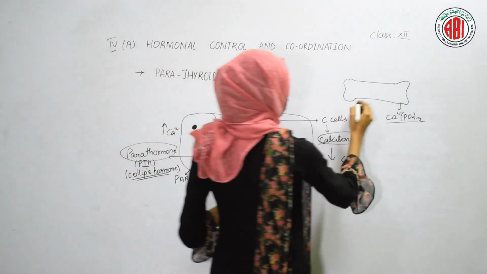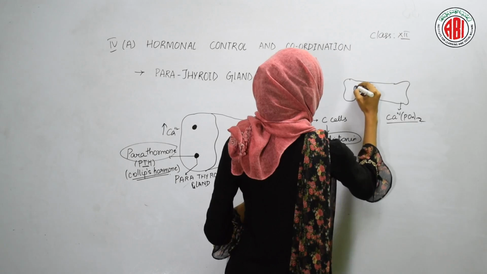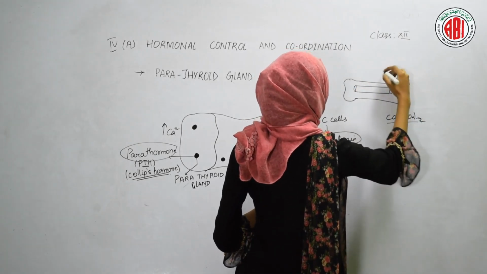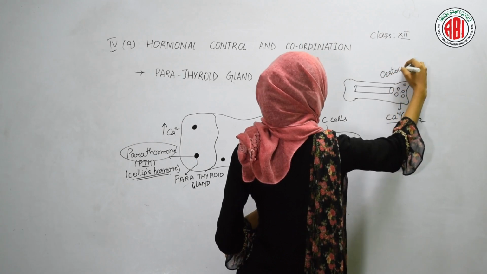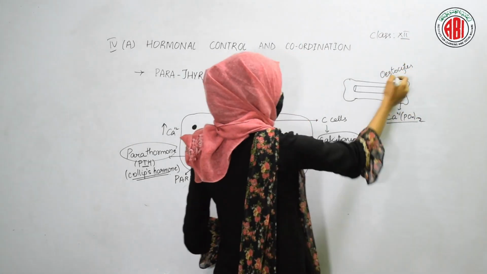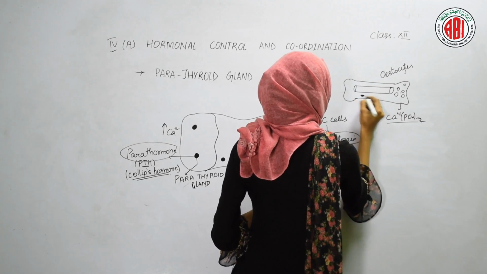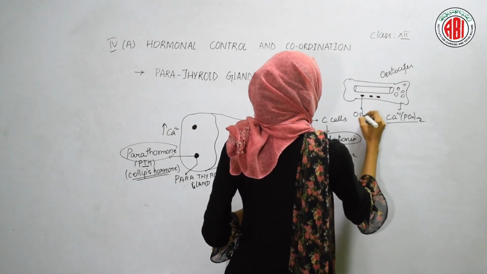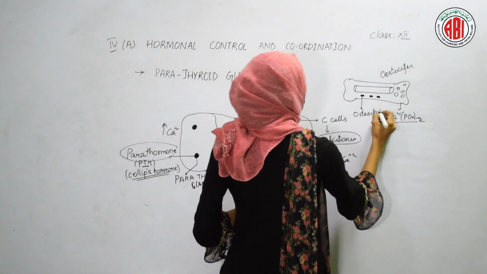We know that in the bone certain cells are present, called osteocytes. Besides these osteocytes, some more cells are found here, called osteoclasts.